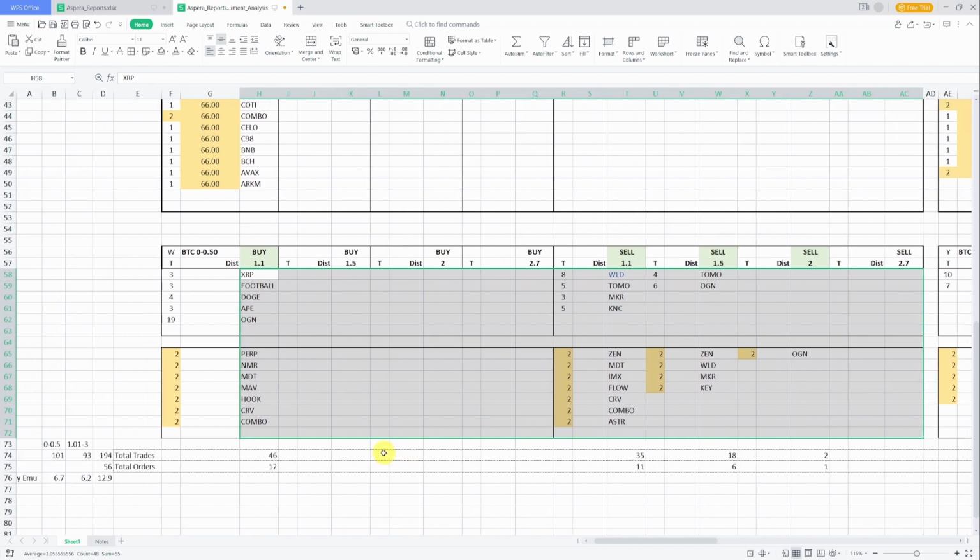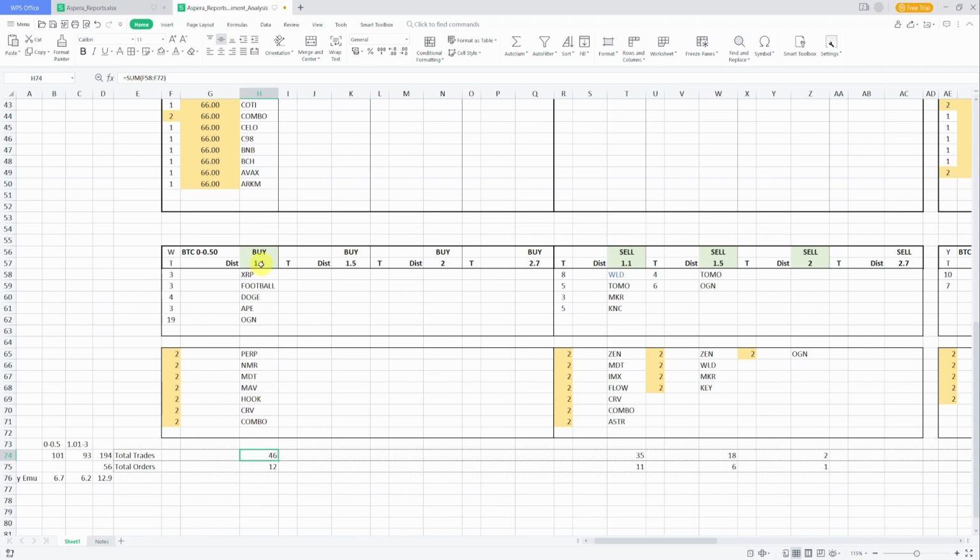And the numbers are here. Total trades on these coins on this distance in my emulator equaled 46. Here 35, 8, 2, and these are the number of orders that I'm going to be placing simultaneously.